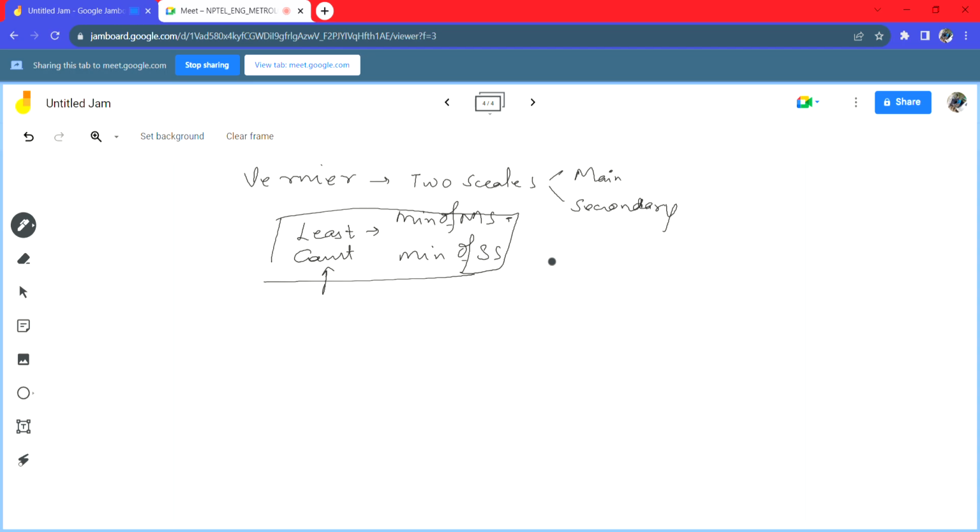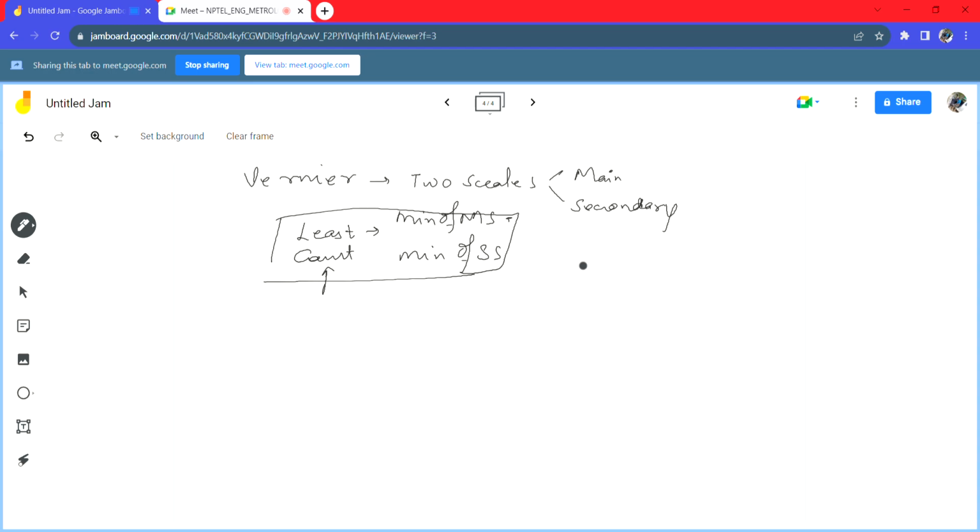Okay, so in the previous example, we took a deflection type gauge, a speedometer kind of a thing, or a galvanometer to be precise. And then we took the example of a digital multimeter.